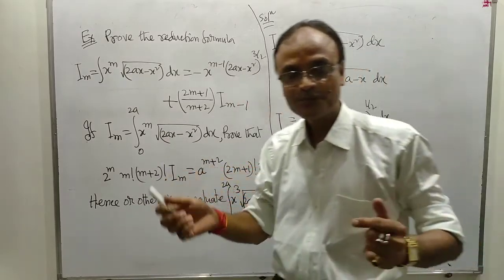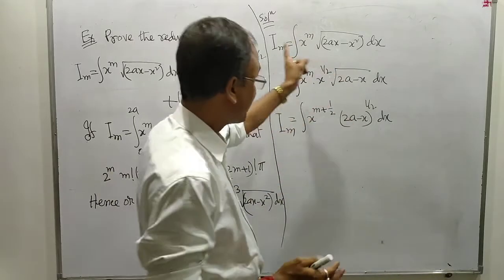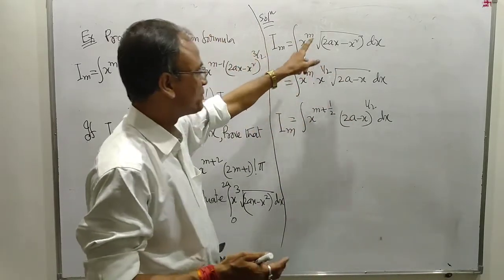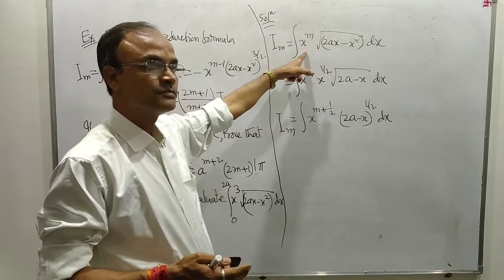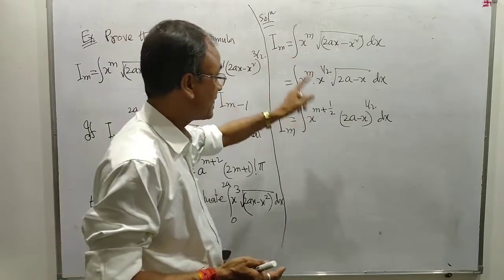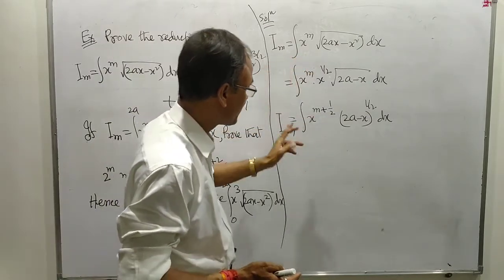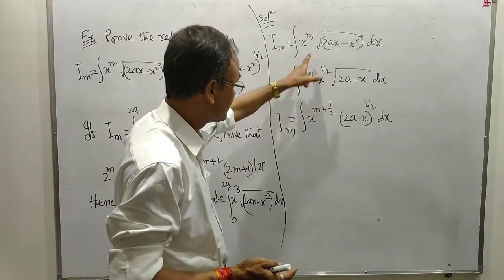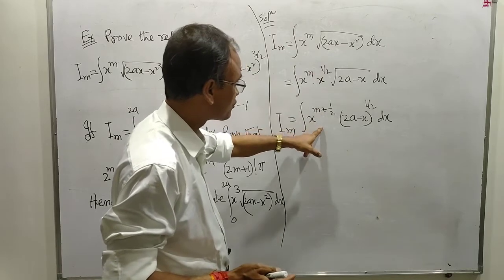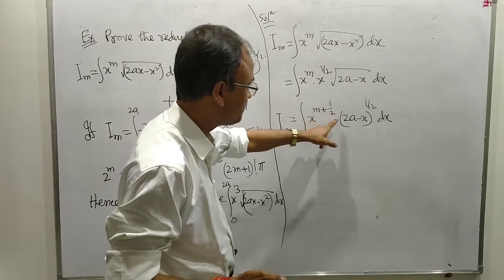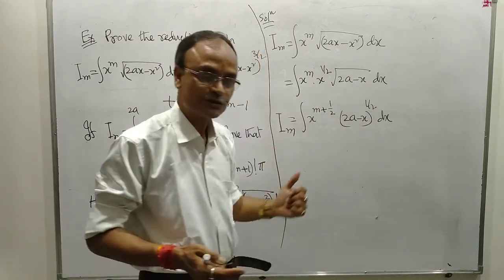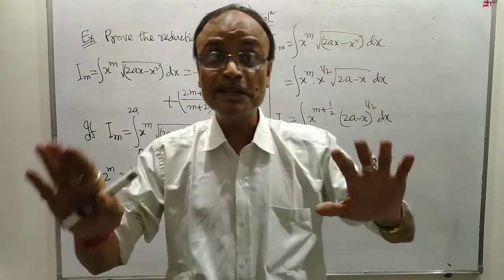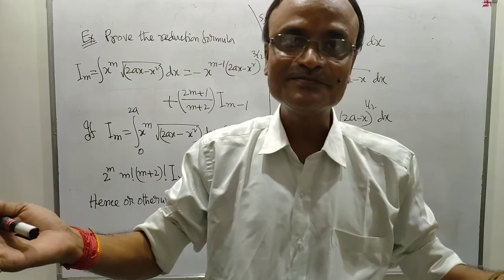You see, I_m may denote this one also. This can be written like this also: x to the power m plus half, twice a minus x whole to the power half, because twice a minus x whole to the power half can be integrated very easily.